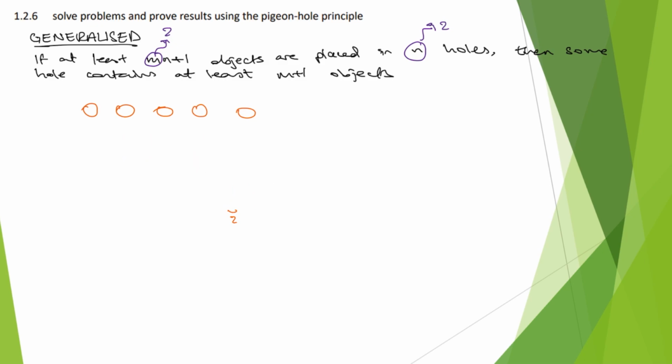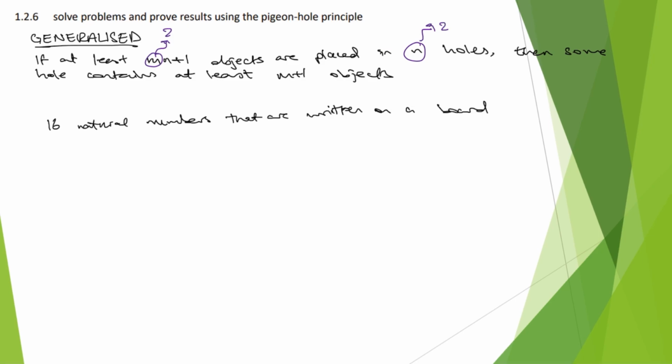So let's take a look at a case where we would deal with the generalized pigeonhole principle. Let's say we have 16 natural numbers that are written on a board. If you're wondering what a natural number is, it is any positive integer.